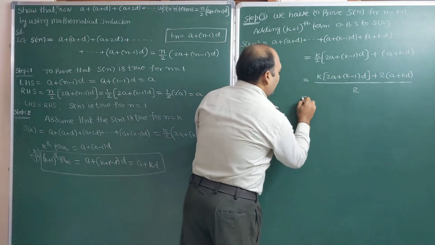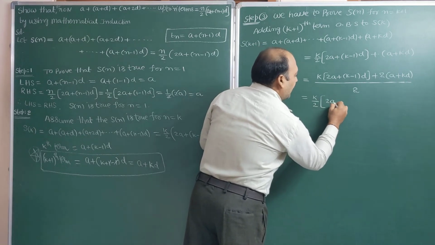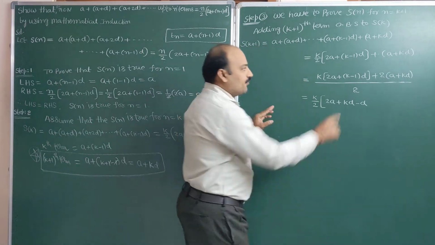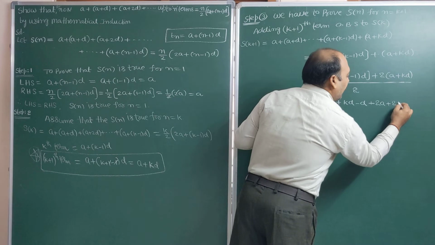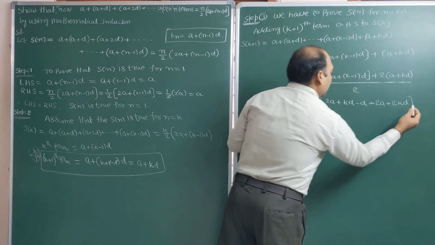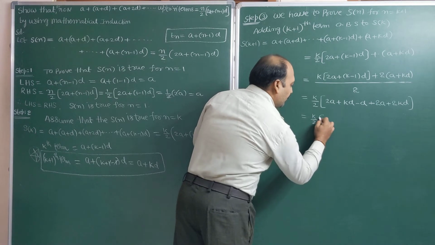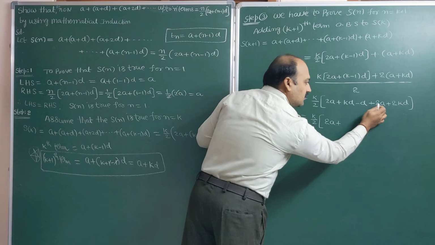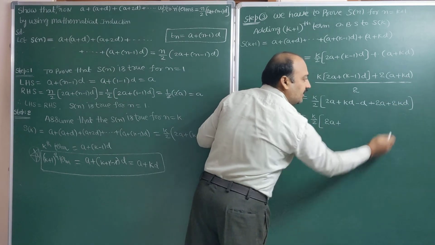So now simplify. k by 2, (2a plus kd minus d plus 2a plus 2kd), which is equal to k by 2, (2a plus kd plus 2kd).